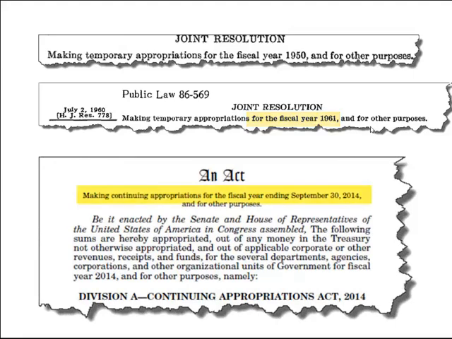In 2014, Congress added making continual appropriations for the fiscal year ending September 30th, 2014. This is probably one of the most common misconceptions about continuing resolutions. It seems counterintuitive that a continuing resolution that only lasts for a portion of a fiscal year would appropriate a full year's worth of money.